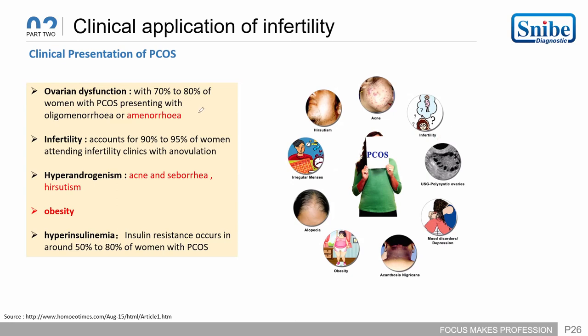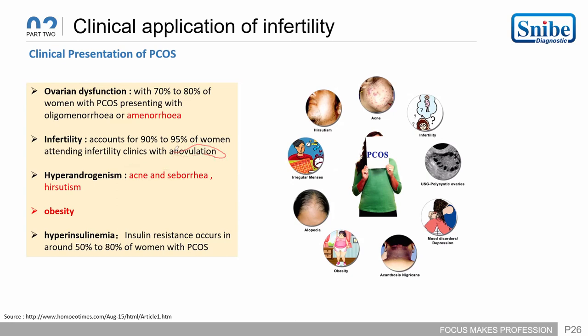These are the ovarian dysfunctions. Almost 70 to 80% of women with PCOS have oligomenorrhea or amenorrhea. If we talk about infertility, 90 to 95% of women have infertility with anovulation.